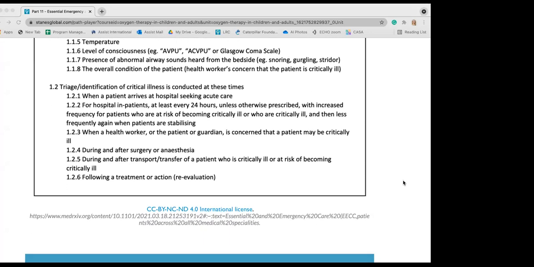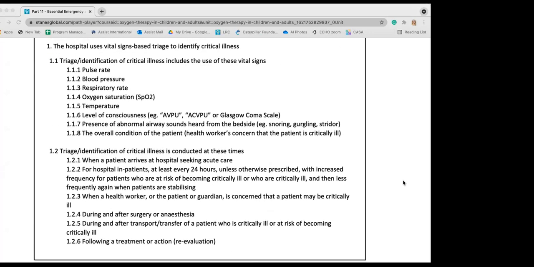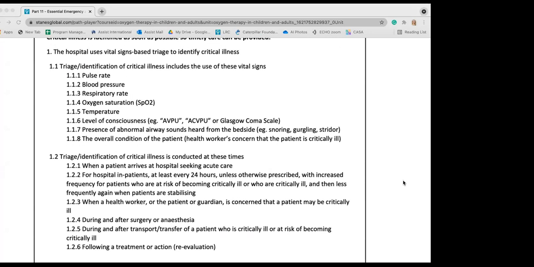Continue. For identification, the service should be available 24 hours a day, which is expected. We should also be able to provide that service during and after the operation or anesthesia, and during and after transport. I think that's important. For the transport, let's think of the ambulance as the hospital in movement.